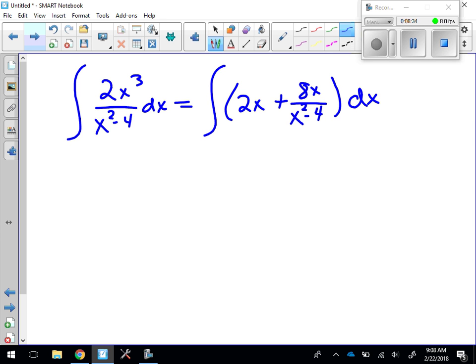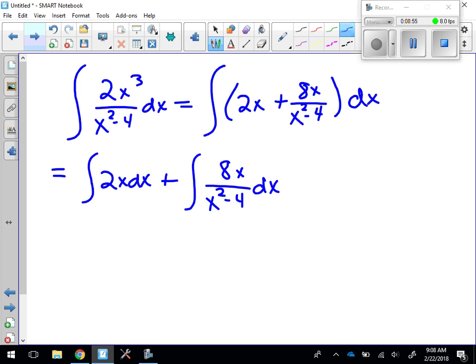And remember that integration, like differentiation, distributes. Okay, so this is really two integrals. It's the integral of 2x dx plus the integral of 8x over x squared minus 4 dx.